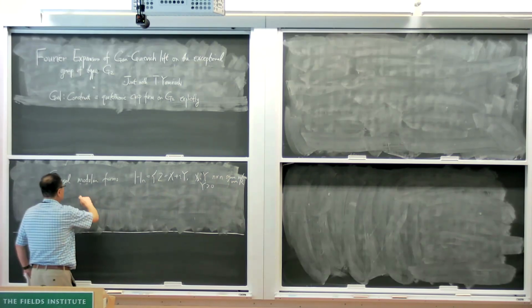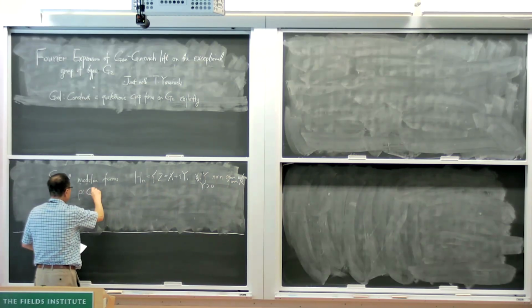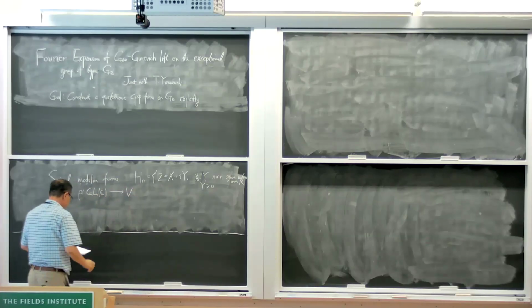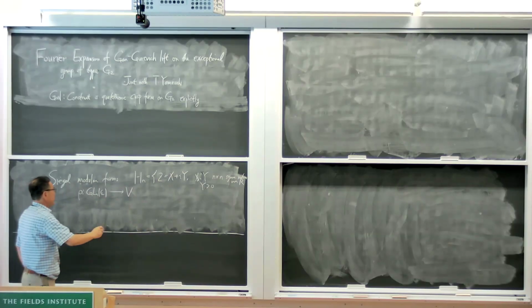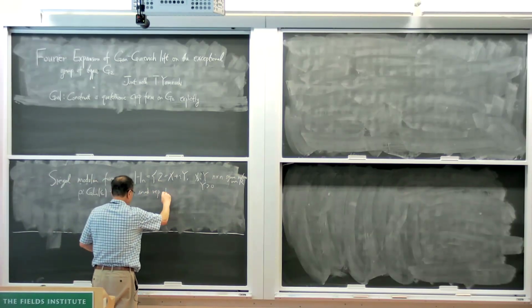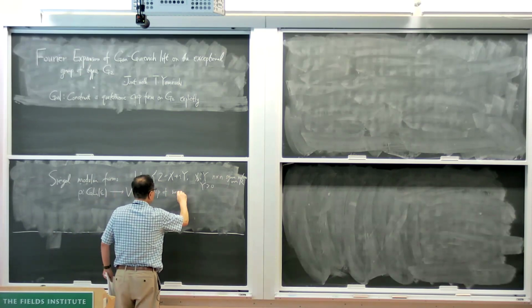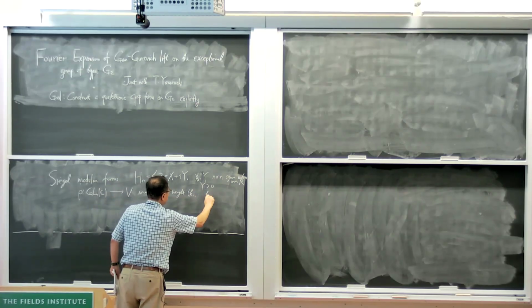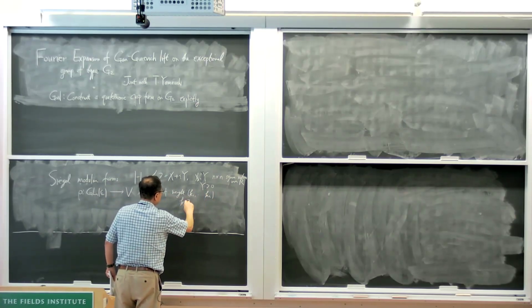And rho is an irreducible representation of highest weight (k_1, ..., k_n).